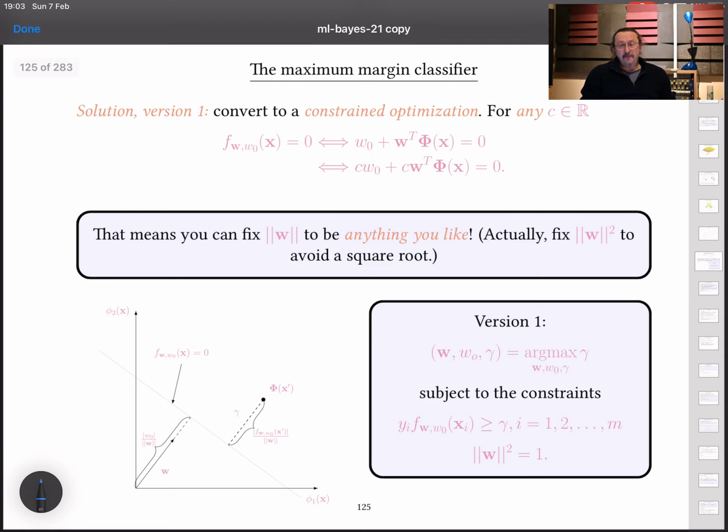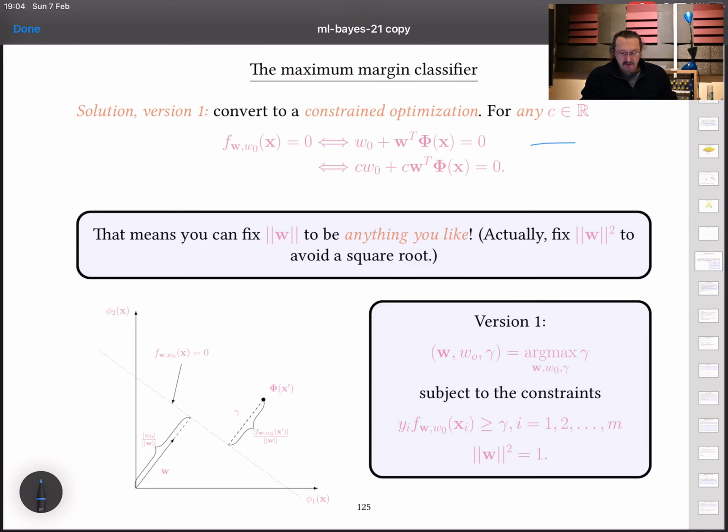There are two ways in which you can reformulate this in a nicer way, so that it turns out to be a constrained optimization problem. The first thing you need to note is that you can apply a constant factor to f arbitrarily without changing the position of the decision boundary, because the decision boundary is where f of x equals 0.